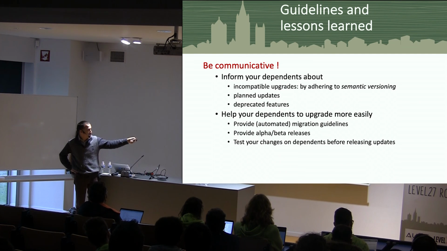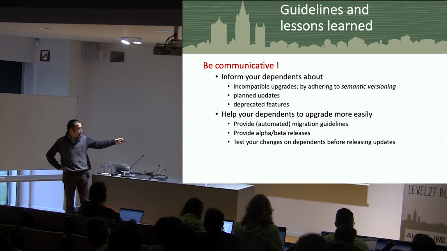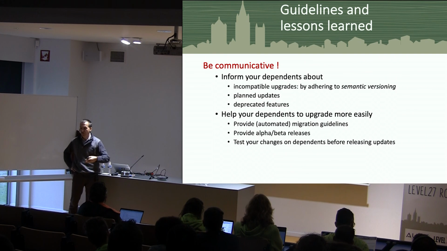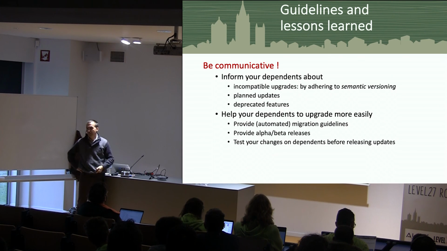And you should adhere to semantic versioning. So if you know that your changes will be backward incompatible, do a major upgrade and not a minor upgrade. Whenever your dependents need to upgrade, try to make life as easy as possible for the packages that depend on you. So provide guidelines about how they should upgrade to the newer version.